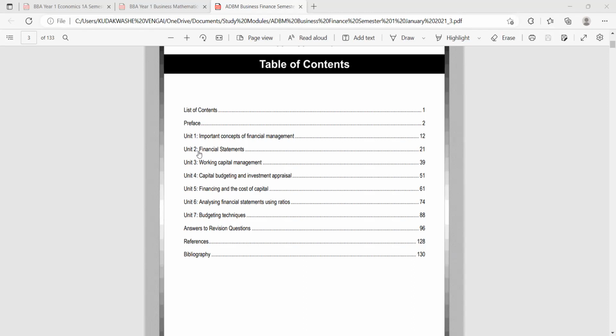But from unit number 2 up to unit number 7, I will need you to either come to class with your calculator, or if you do not have a calculator, please have a computer with Excel or something like that, so that you can also follow through what we are doing. Before each and every lecture, I will send you the past exam paper that we are going to work with.